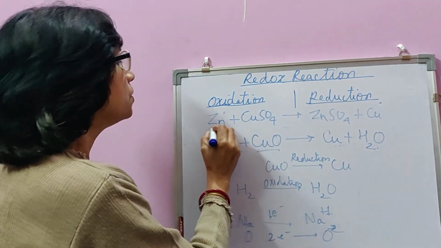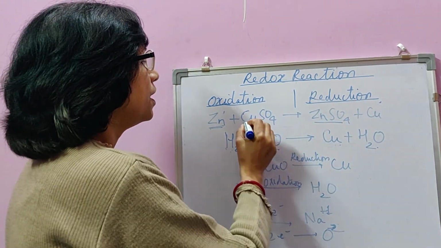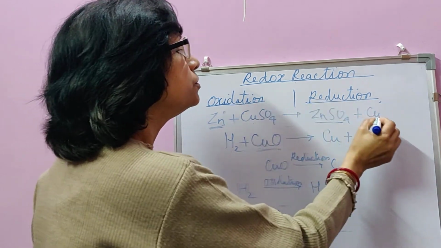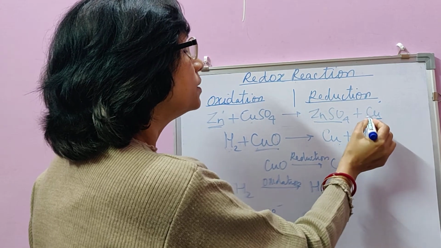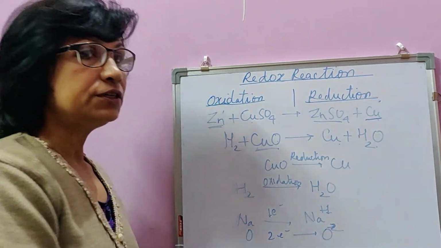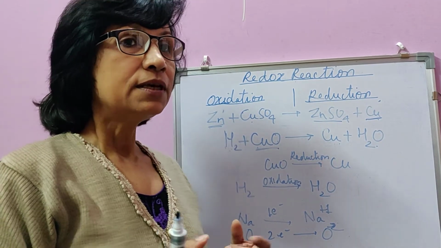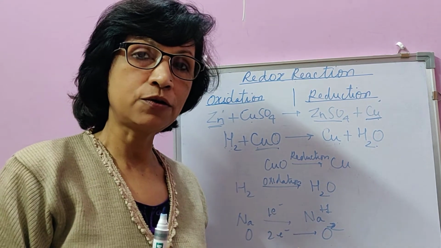Here, zinc is oxidized to become ZnSO4, and out of the copper sulfate, the Cu plus 2 ions are reduced to become copper. So some oxidation reactions can be explained with the help of oxygen or hydrogen. Some can be explained with the help of loss or gain of electrons.